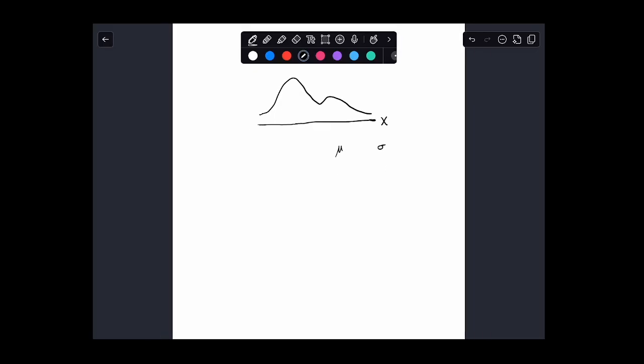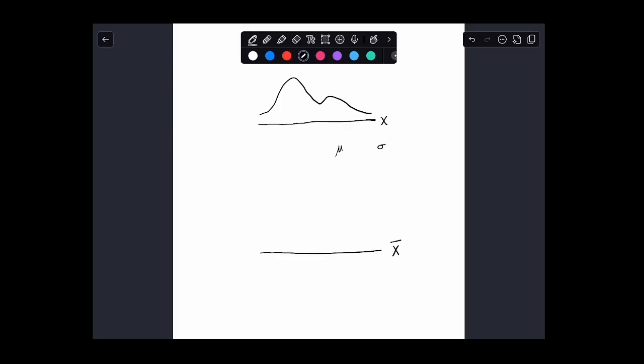But now, instead of looking at the distribution of just X, that one roll, we're going to be rolling a bunch of dice, or looking at a sample of things, and looking at the sample mean. So we're going to be looking at the distribution of the sample mean. This is called a sampling distribution of the mean, and it's a distribution of the mean from a bunch of samples of the same sample size.